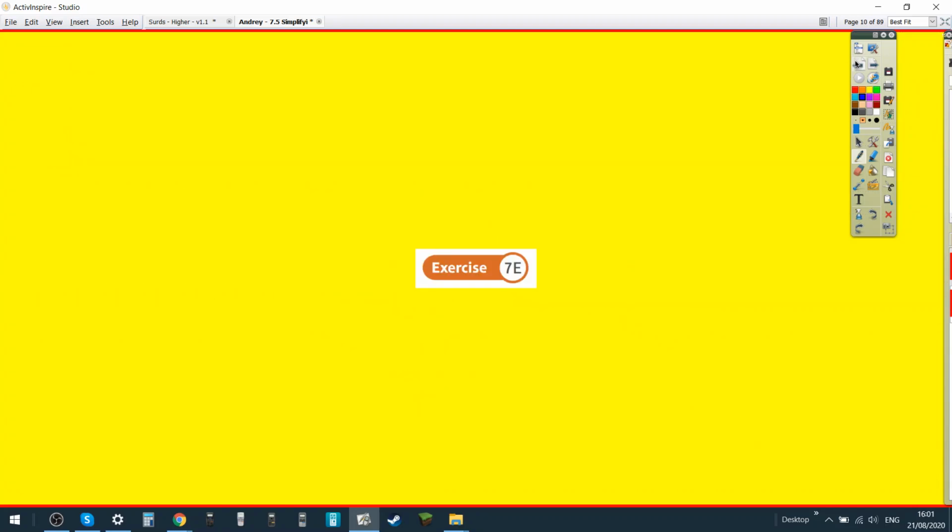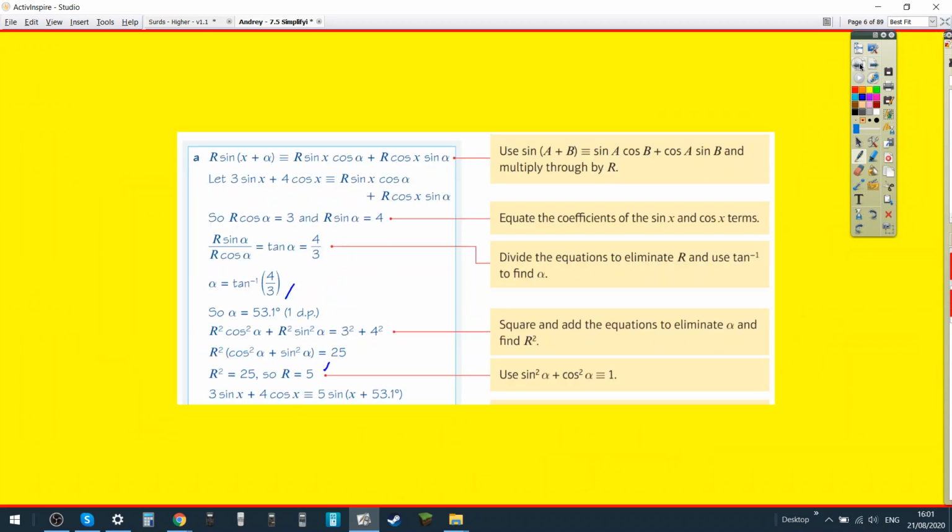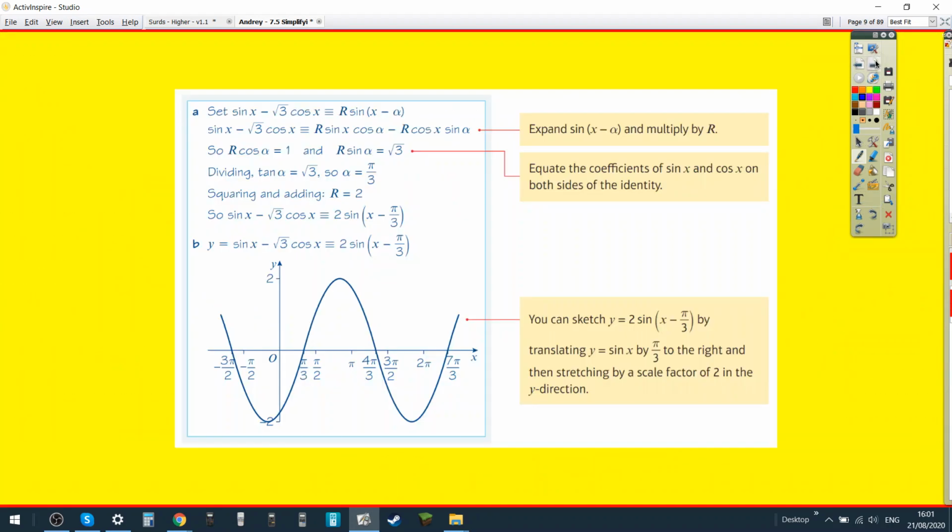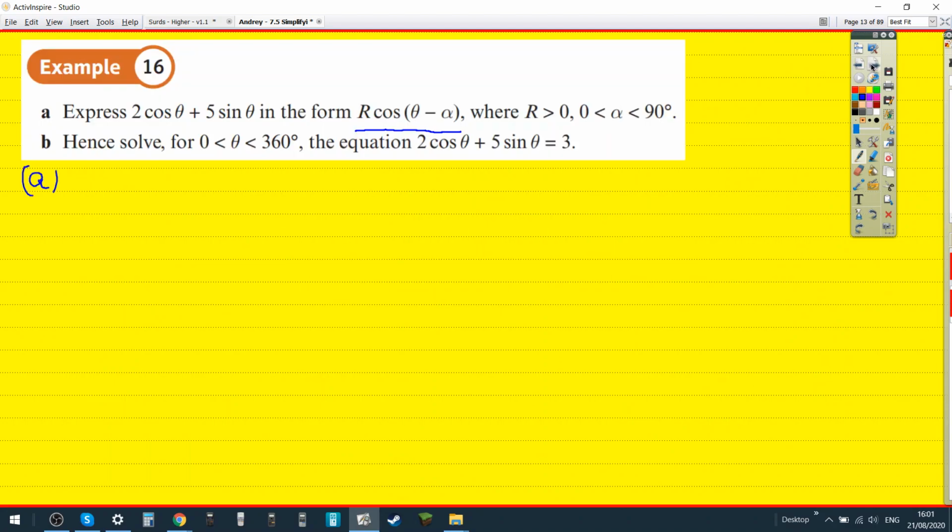Cos(theta minus alpha), do you remember what that's the same as? Cos A minus B. Yep. What is cos A minus B? Is that like cos theta cos alpha plus sine theta sine alpha? Yep.